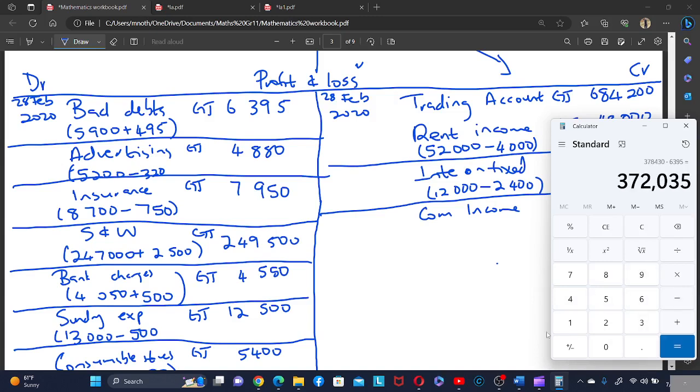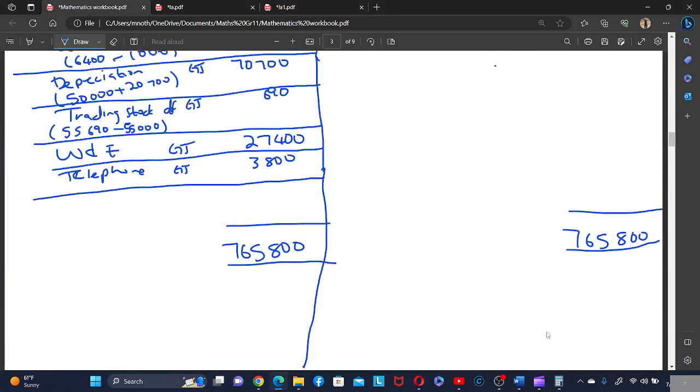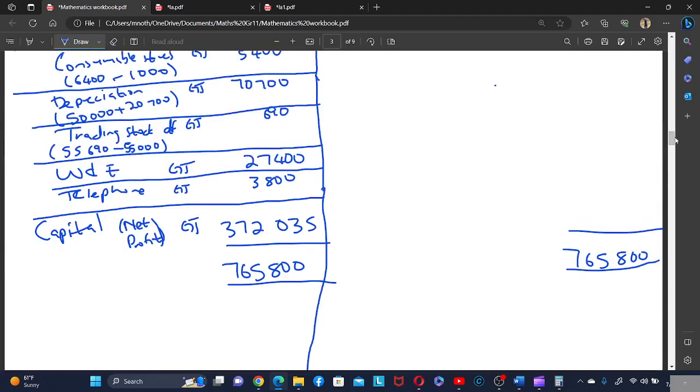So the difference is 372,035. We call this a net profit. This net profit must be transferred to the capital account. So we are done with our profit and loss account.